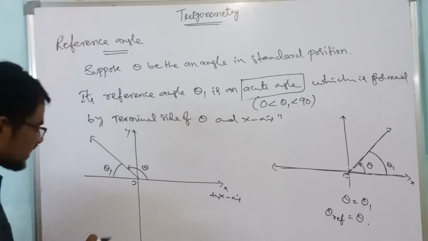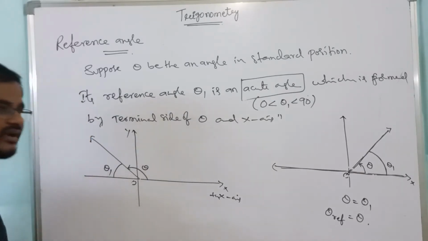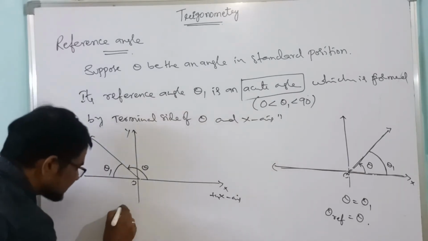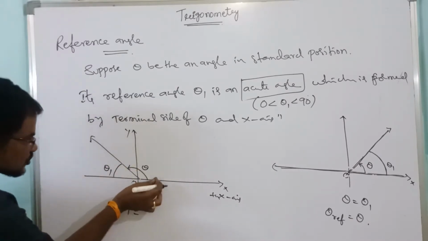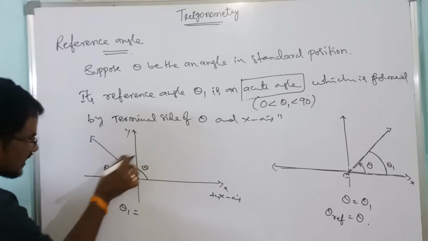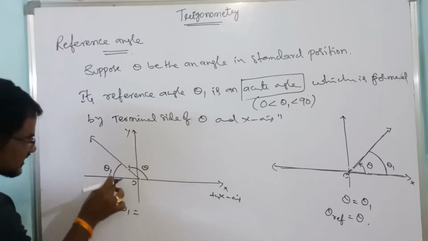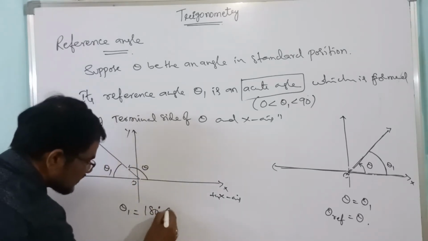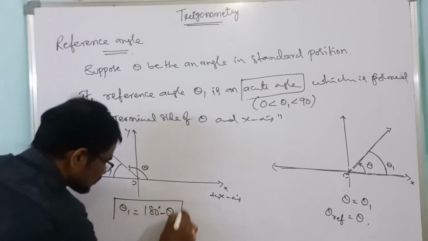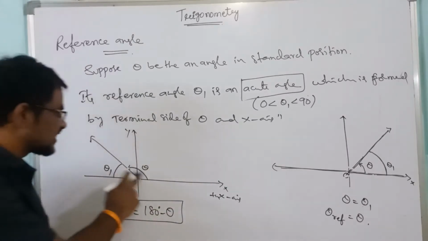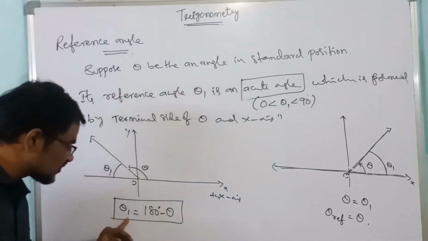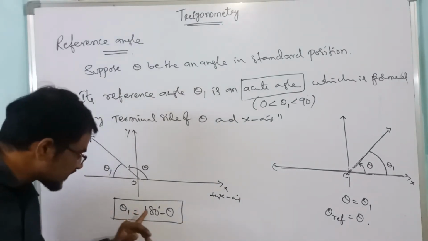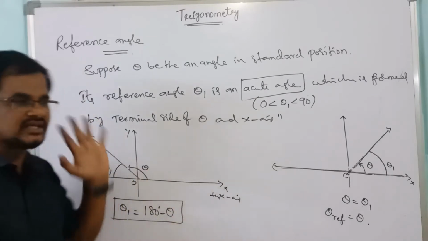How do we get theta 1? Once you observe, this small angle is 180 minus theta. So to get the reference angle when theta lies in the second quadrant, theta 1 equals 180 minus theta.